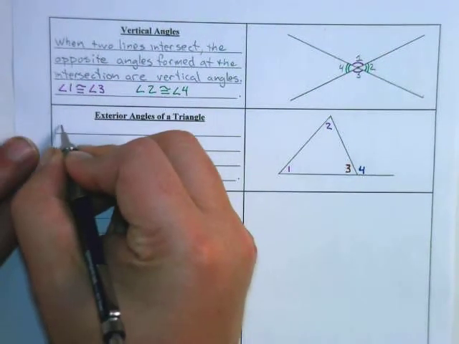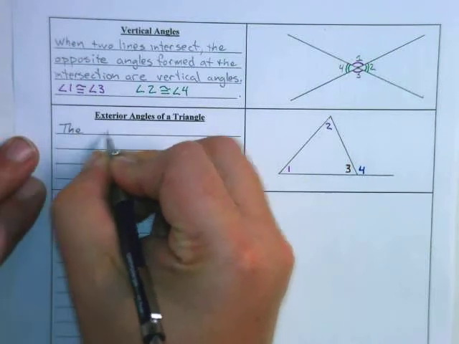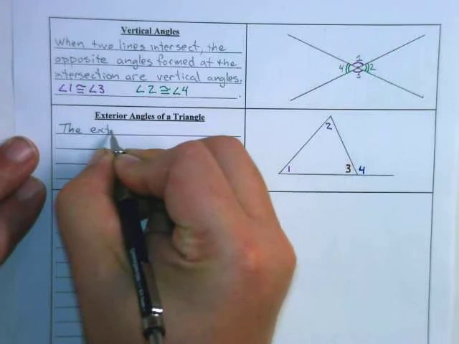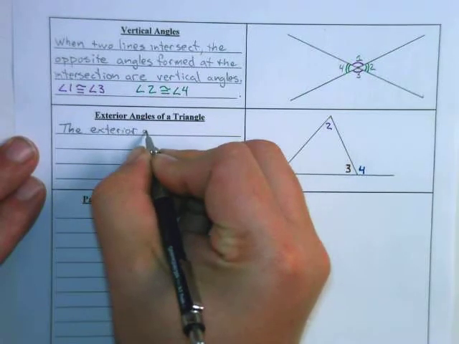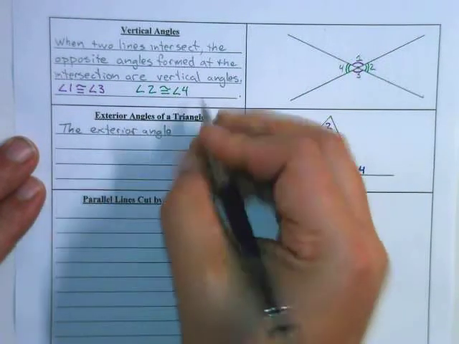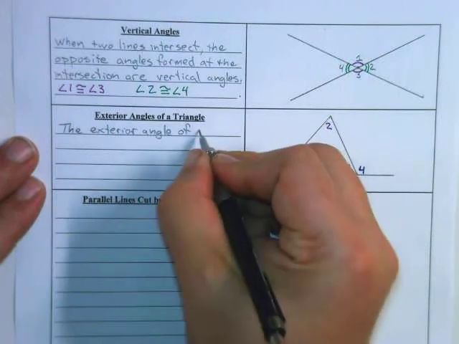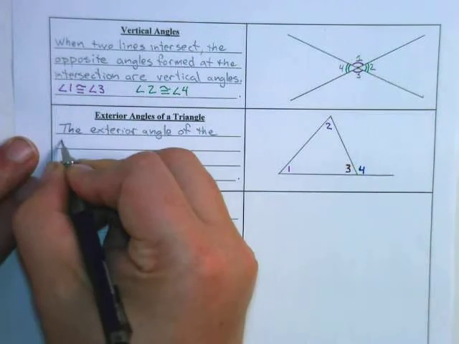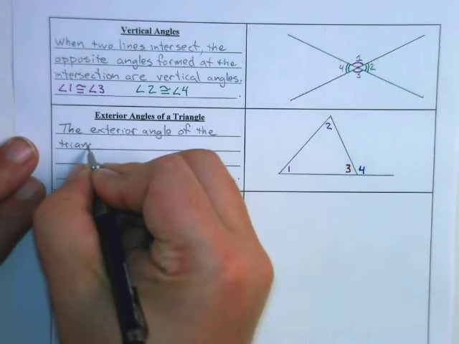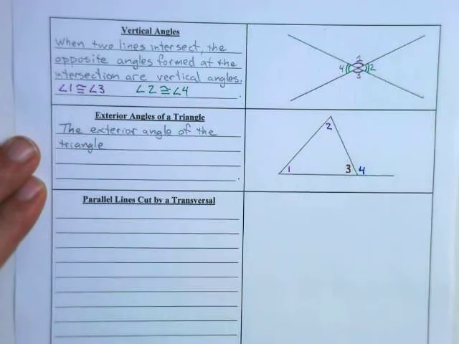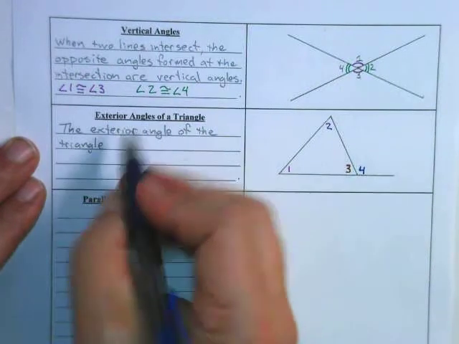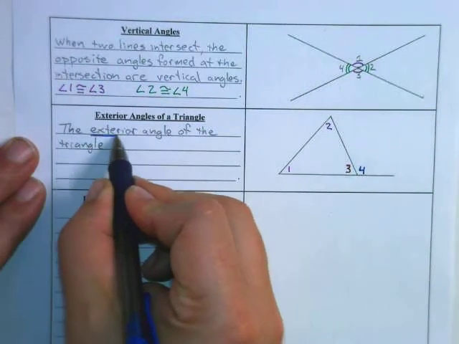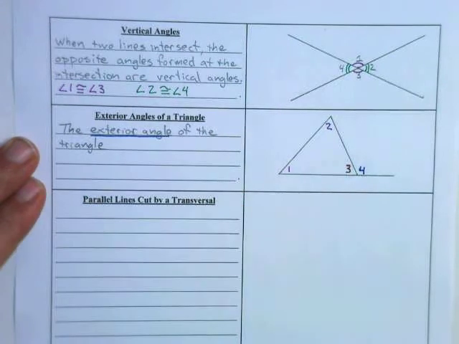is the exterior angle of the triangle. Now remember, when we were talking about the exterior angle, we are talking about the angle that is on the outside of the triangle. Okay?